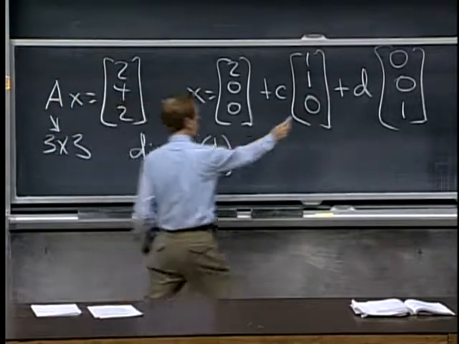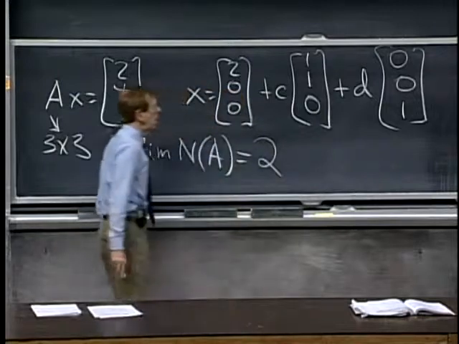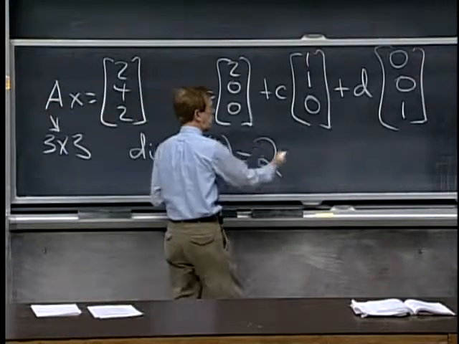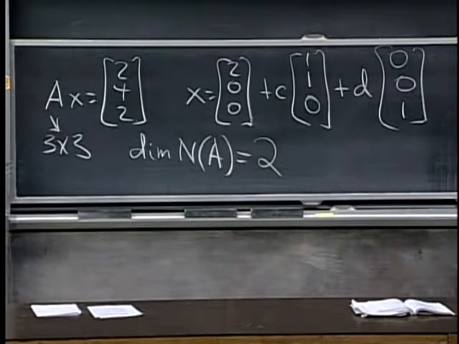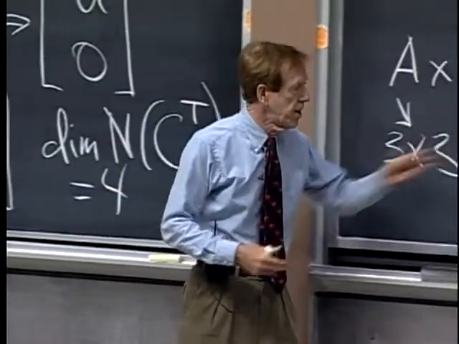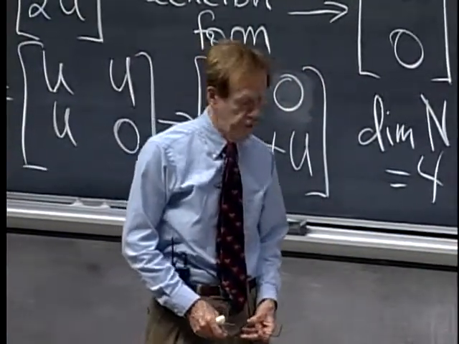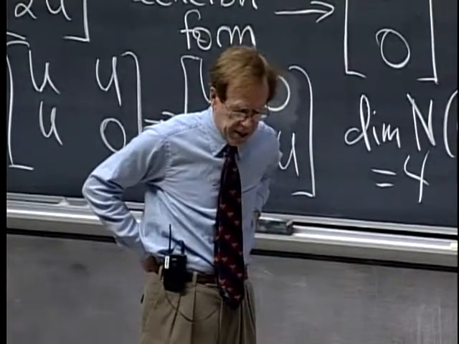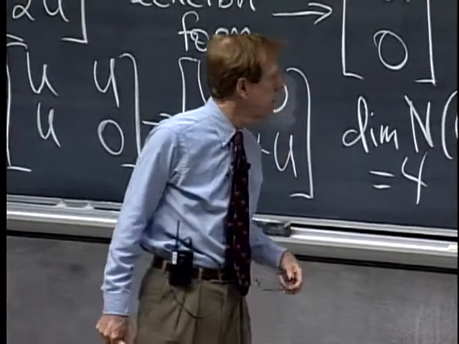I'm seeing 2 vectors here, and they're independent in the null space of A because they have to be in the null space of A. If I'm allowed to throw in to the solution any amount of those vectors, that tells me that's the null space part. So the dimension of the null space is 2, and then of course I know the dimensions of all 4 subspaces. Now actually it asks what's the matrix? What's the matrix in this case?